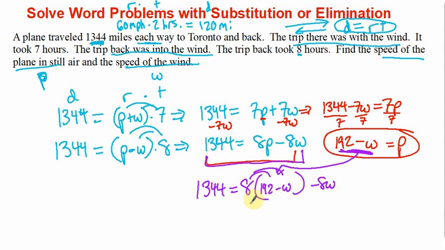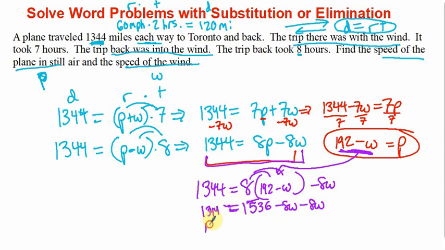Now we can solve this. 8 times 192 is 800 plus 736, which is 1536. Sorry, that was becoming a mess, let me erase that. All we're doing is distributing that 8 right there, and we get 1536, and that's still equal to 1344.